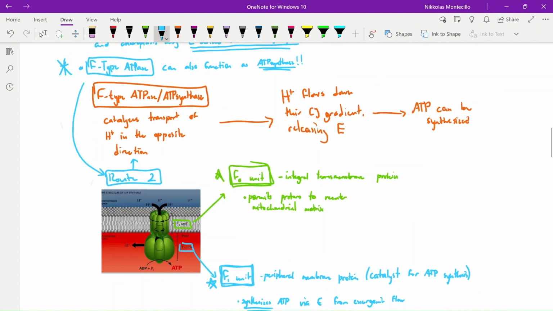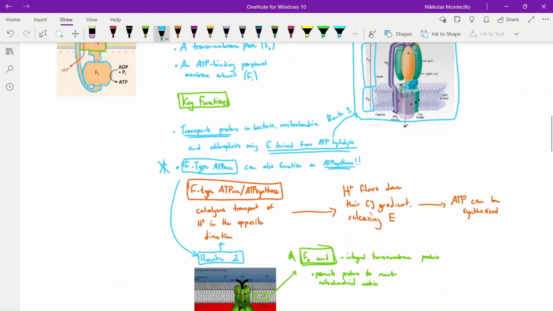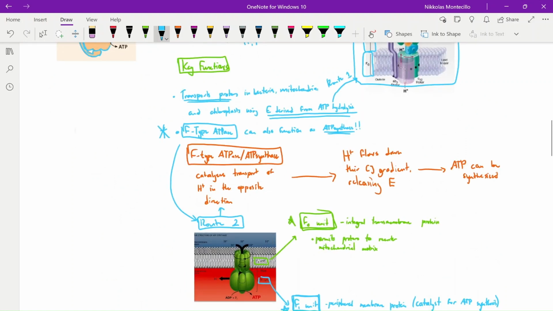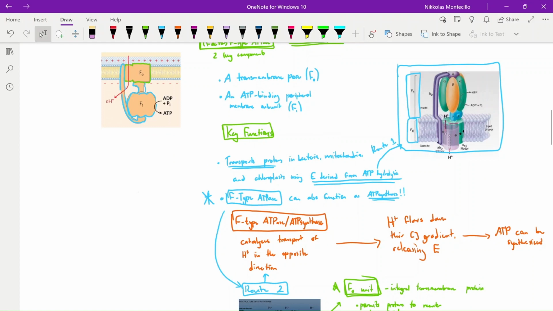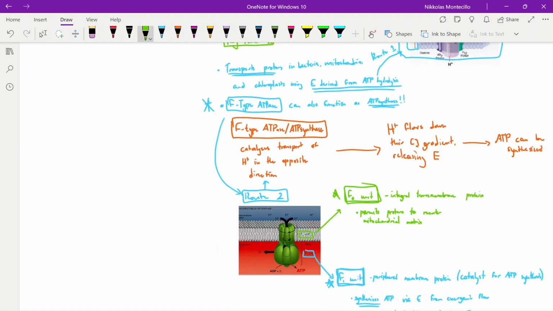So just to summarize, ATP synthase breaks down into two subunits, F0 and F1.